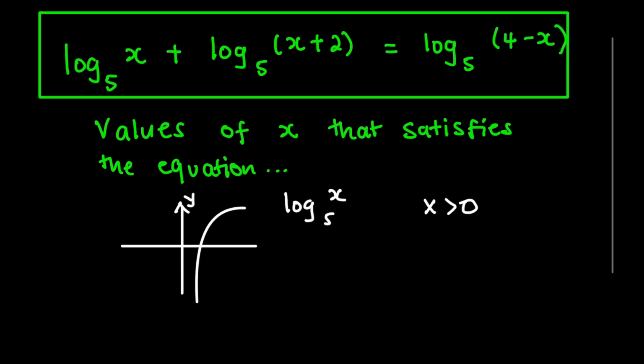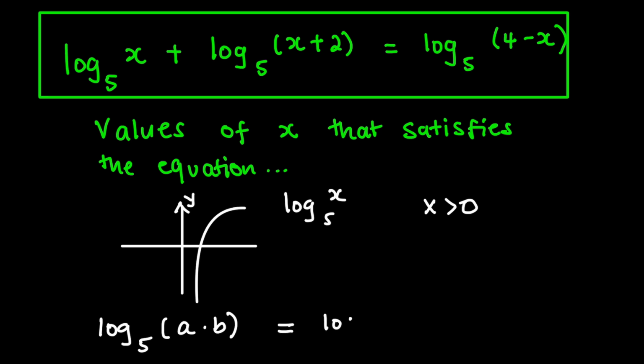Let's use the log rules that can assist us to solve this. If you've got the logarithm base 5 of a times b, this is the same as the logarithm base 5 of a plus the logarithm base 5 of b.